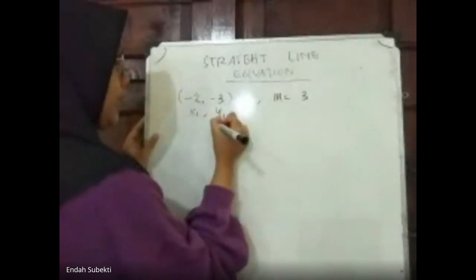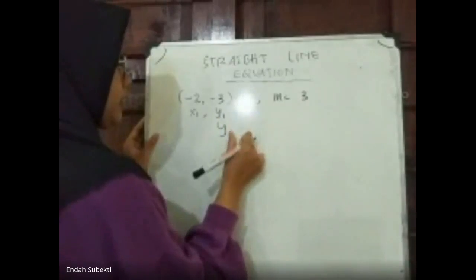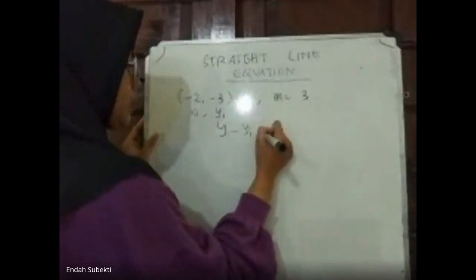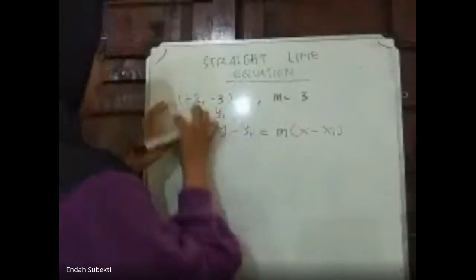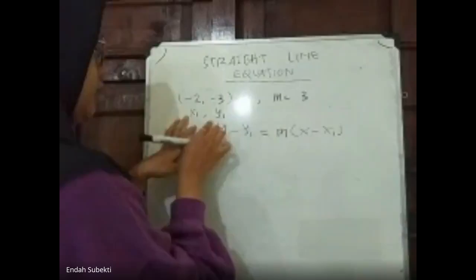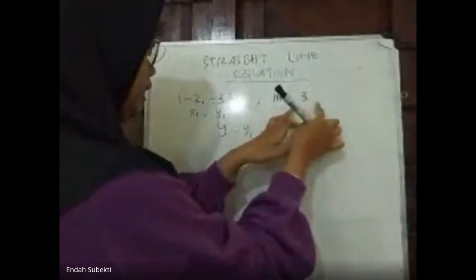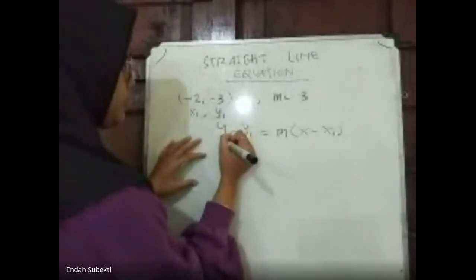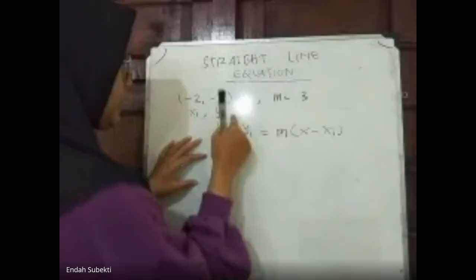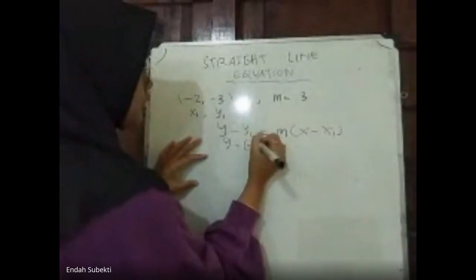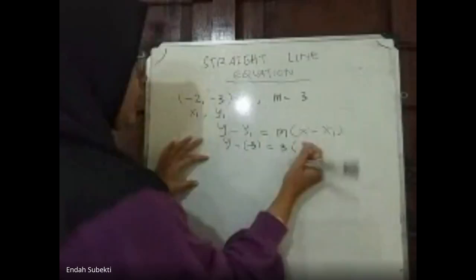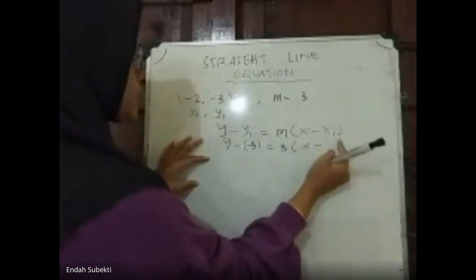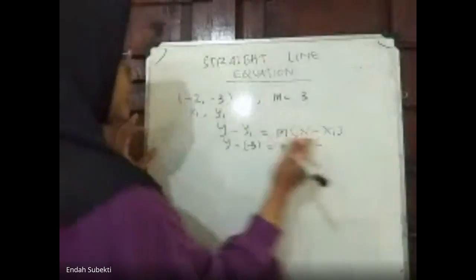With the formula y minus y1 equals m times parenthesis x minus x1, we can substitute the point and the gradient. So we write y minus y1, which is -3, equals m, which is 3, times x minus x1, which is -2.